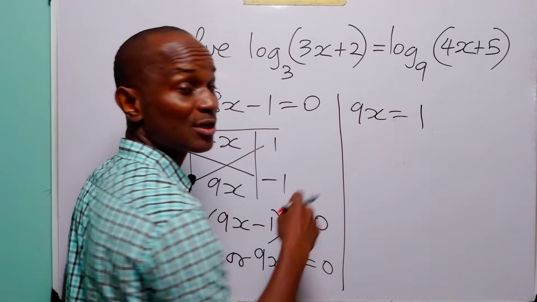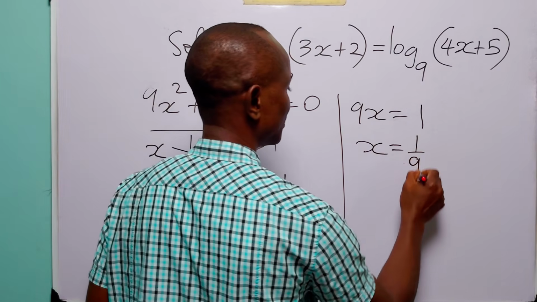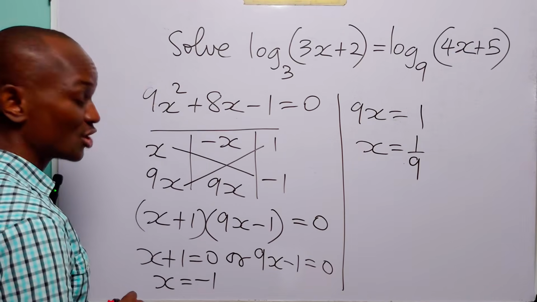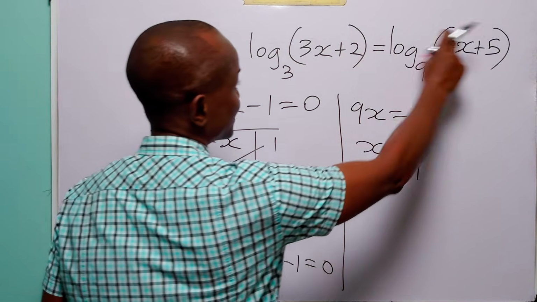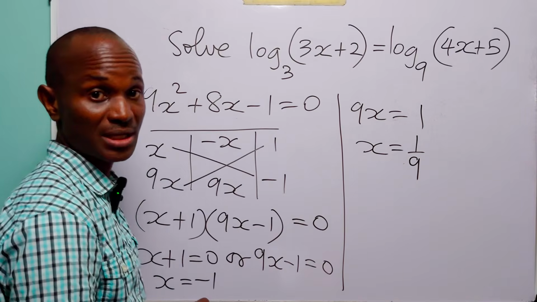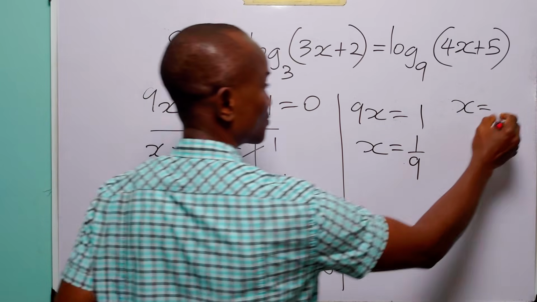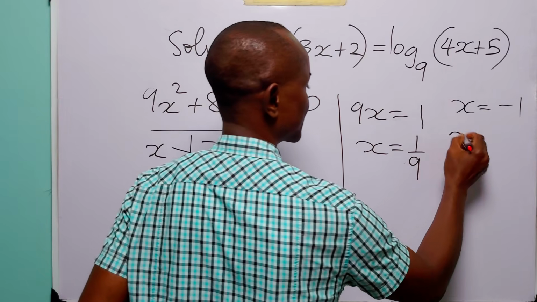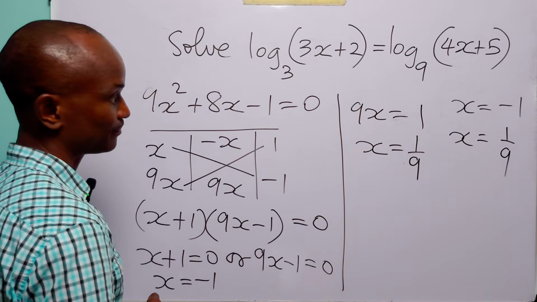Dividing both sides of this equation by 9, we have that x is equal to 1 over 9. So you can see that we have found two values of x that apparently satisfy this logarithmic equation, x equal to minus 1 and x equal to 1 over 9.